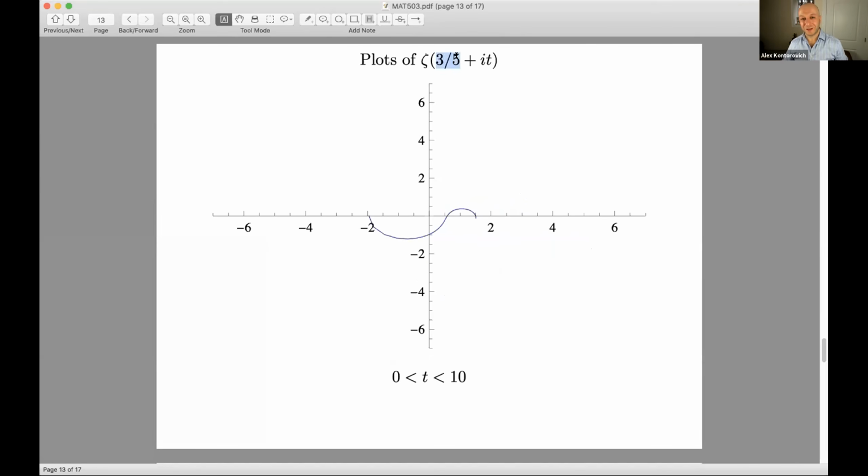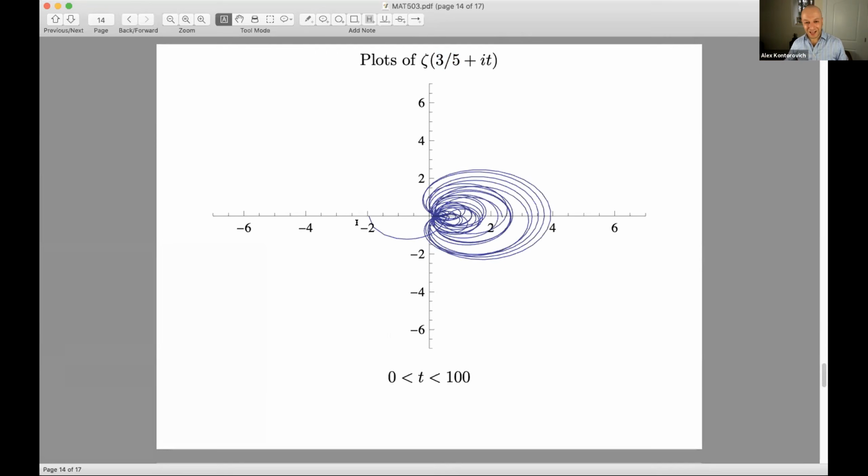If instead of taking the real part of s equals a half, if you go up not the critical line, but inside the critical strip at 3/5 plus it, I just chose some random number. Well, 3/5 again starts at some negative real number, and then the function is continuous. So it's going to have similar behavior. Here it is out to 10 or out to 100. You see it's doing these loop-de-loops. Notice it has never hit 0.